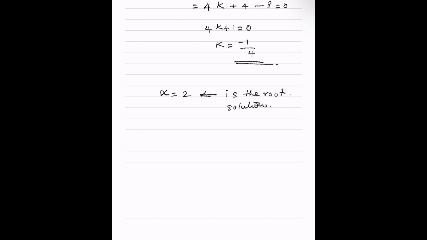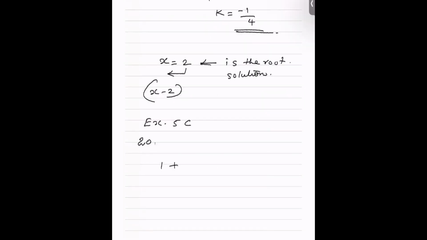Now, if you have x equal to 2, what is the corresponding factor? You move this 2 to the other side, and it becomes x minus 2. x minus 2 will be the corresponding factor if 2 is a root of the equation.